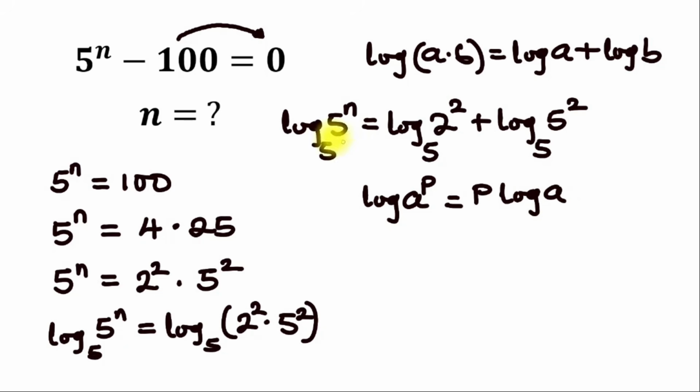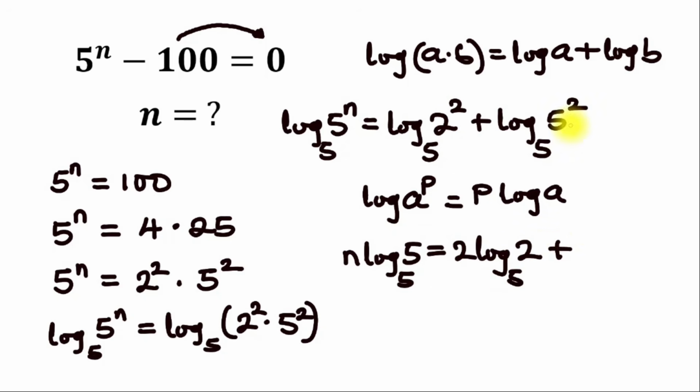Now, let's apply this to our expression. So this now becomes n times log base 5 of 5 equal to, we do the same thing here, 2 times log base 5 of 2 plus 2 times log base 5 of 5.